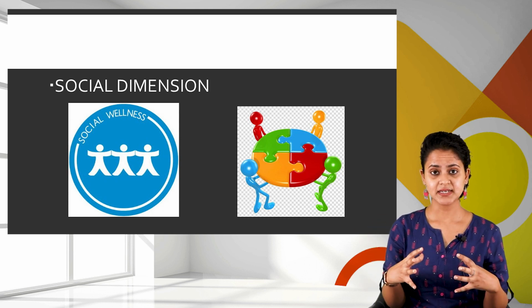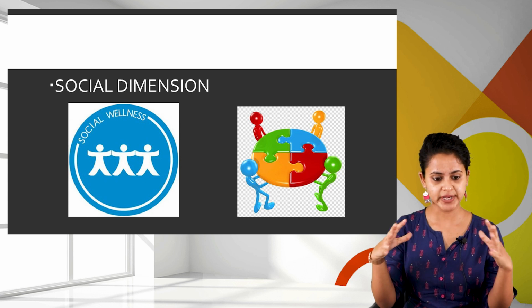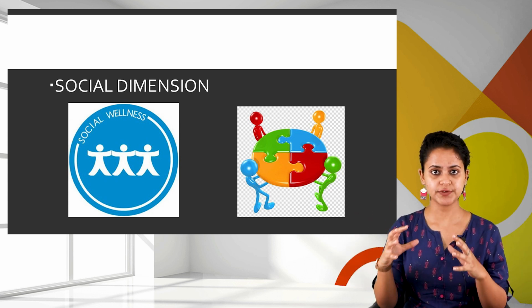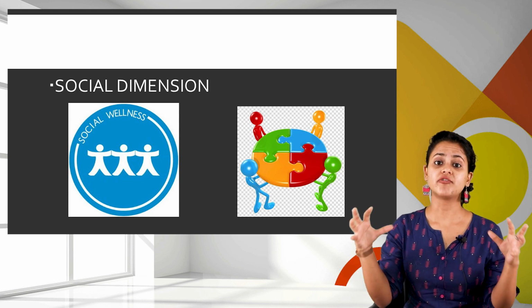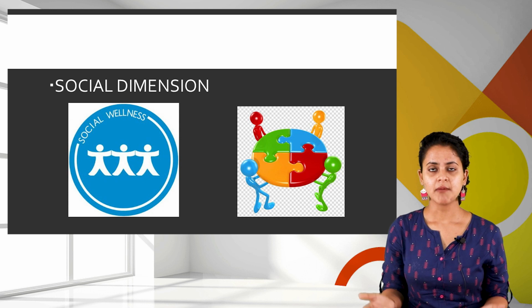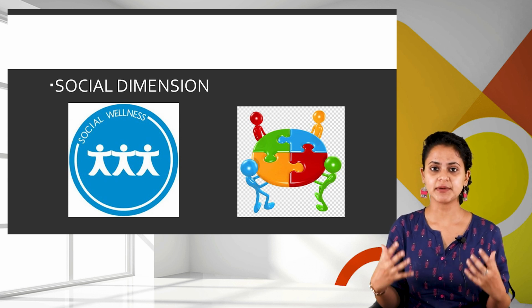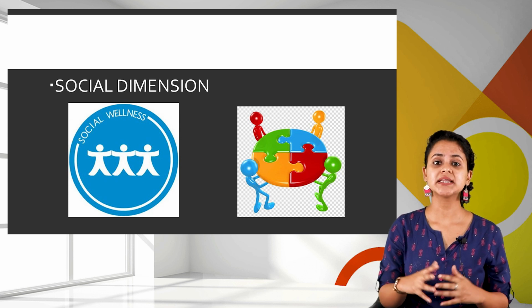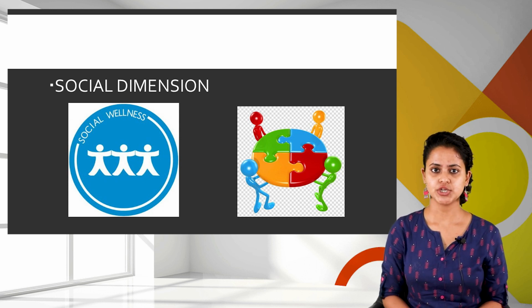It states the harmony and integration within and between each individual residing in a particular society. Basically, the social dimension of health focuses on the integration of the members of a particular society.